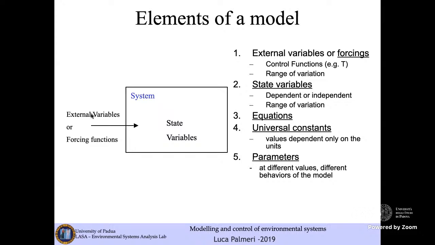As an example, typically, temperature is a control function that acts dramatically on the process rates of living systems. Then it is important to define variability ranges for the external functions, like, for example, as we will see when we discuss the dependence of primary production processes on temperature.